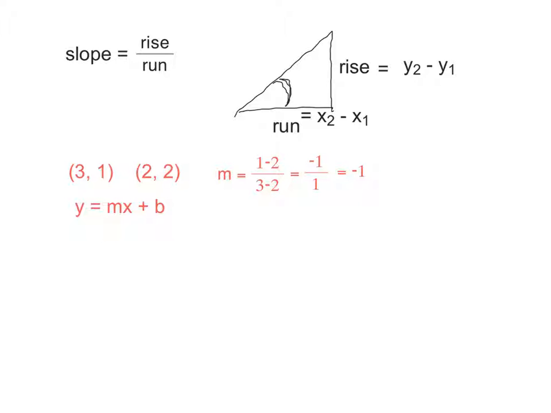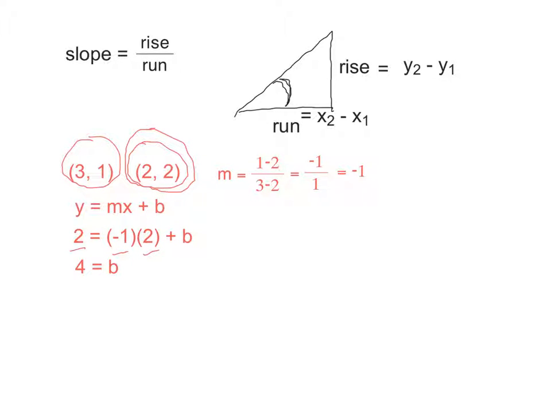Notice, I could use either (3, 1), or I could use (2, 2). Now, for no particular reason, I'm going to use (2, 2). So now, if I plug in 2 for y right here, and 2 for x right here, and minus 1 for m right here, I can solve for b. And I end up with b is equal to 4.